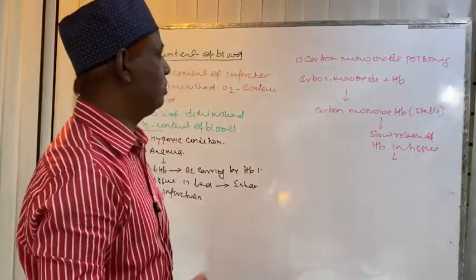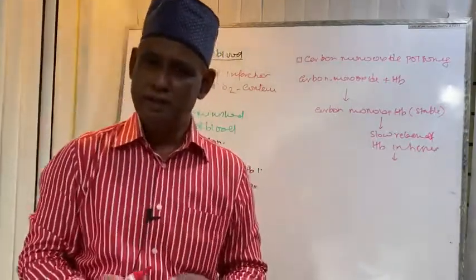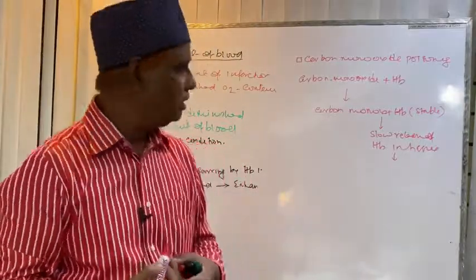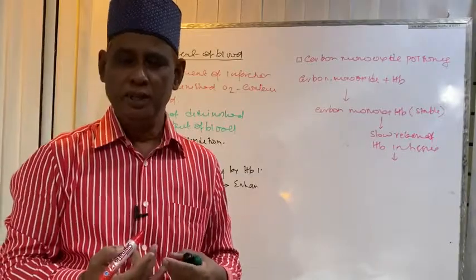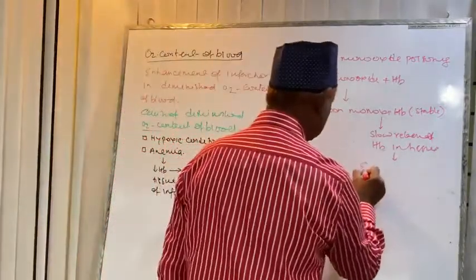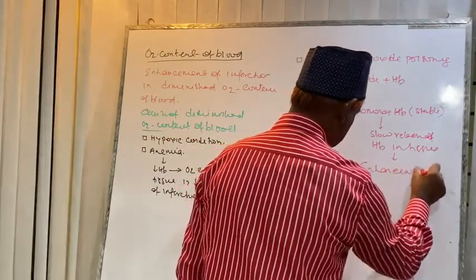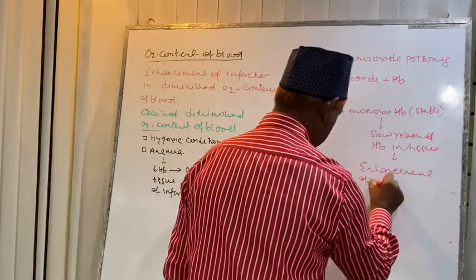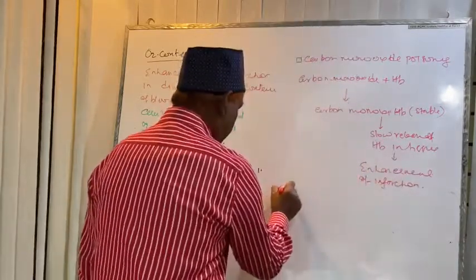Again, carbon monoxide plus hemoglobin forms carboxyhemoglobin, and this carboxyhemoglobin is a bit more stable than oxyhemoglobin.